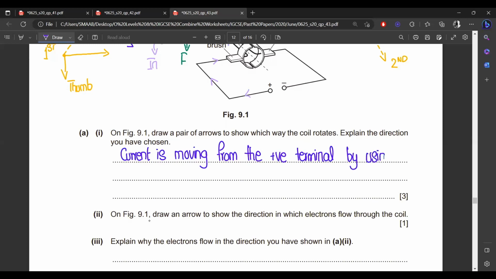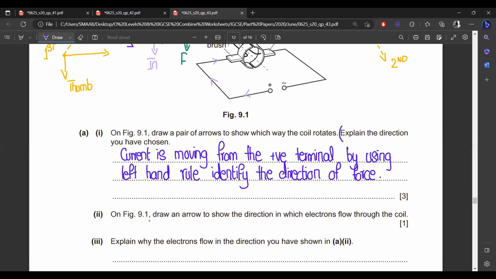By using the left hand rule, identify the direction of force, and we need to explain the direction.